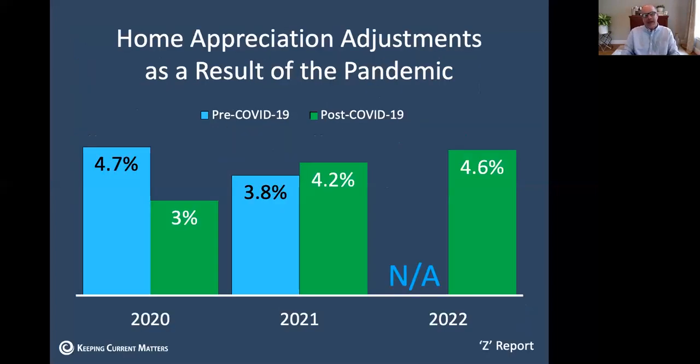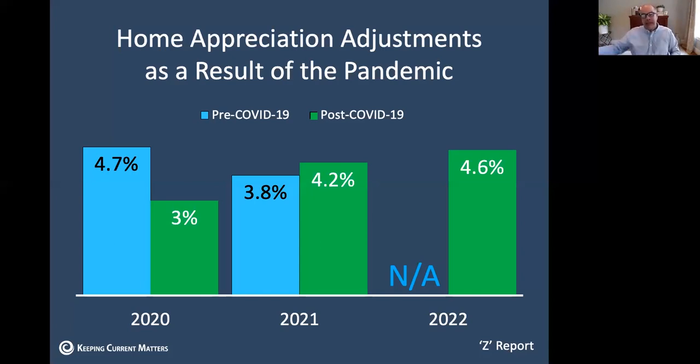We graphed that at KCM to really show the comparison of the Z Report's forecast prior to the pandemic and now during it. And what we see in 2020, originally they were calling for 4.7% appreciation of homes across this country. And today they're calling for about 3%. Next year in 2021, they originally started out saying about 3.8% appreciation, and they've adjusted that to 4.2, adjusted up.